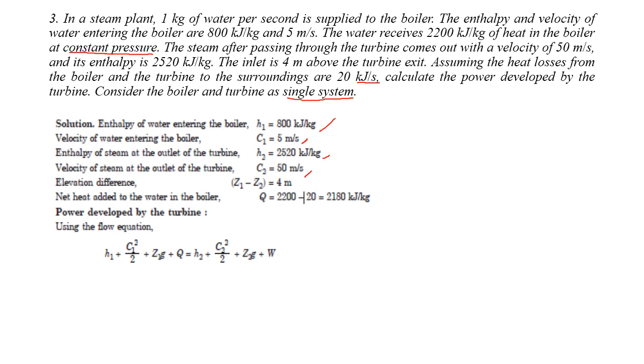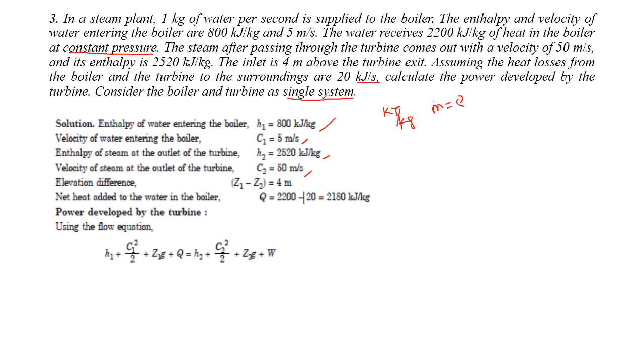Heat rejected to the surroundings, they have given 20 kilojoule per second. So we need to convert this into kilojoule per kilogram. Is there any mass flow rate value? No, there is no mass flow rate given. How can we calculate mass flow rate value?